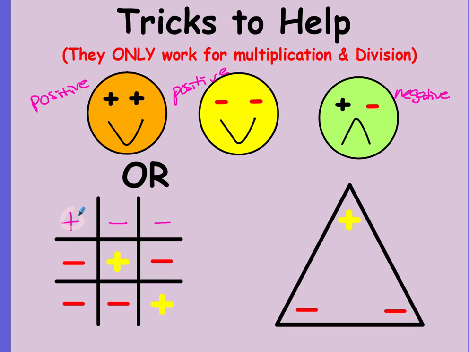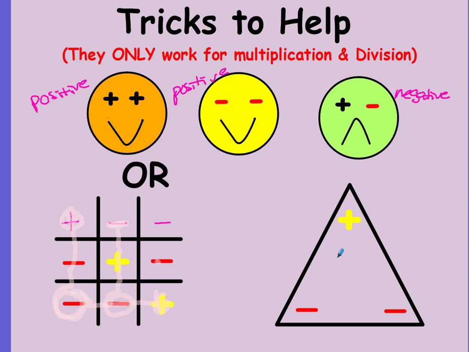A positive times a negative is going to equal a negative. Or if you start here and you say, okay, a positive times a negative will equal a negative. A negative, if we start with a negative times a positive is going to equal a negative. So you kind of get the idea of how that works.